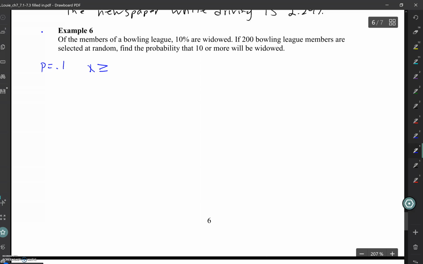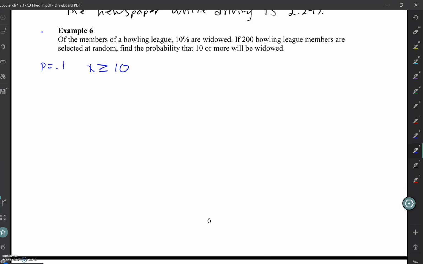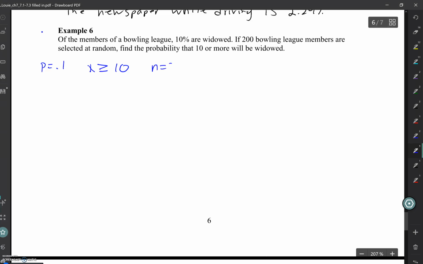X is greater than or equal to 10 because it says 10 or more, so you can equal 10 or be more than it. N is 200. And that means that Q is 1 minus 0.1, which is 0.9. Good. So we got all our pieces.